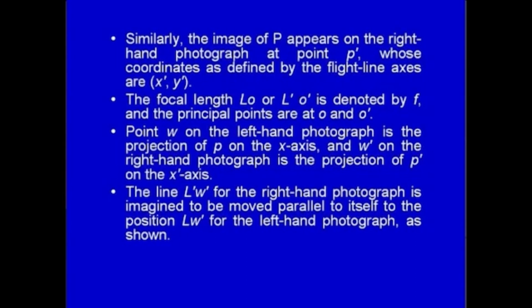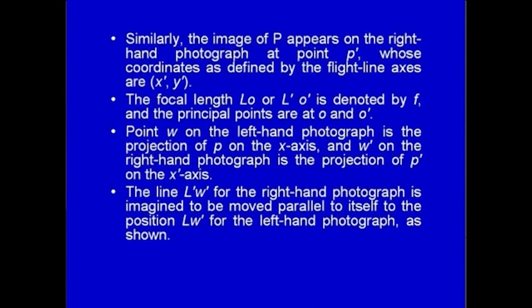The focal length L o or L dash o dash is designated by f, and the principal points are located at o and o dash.